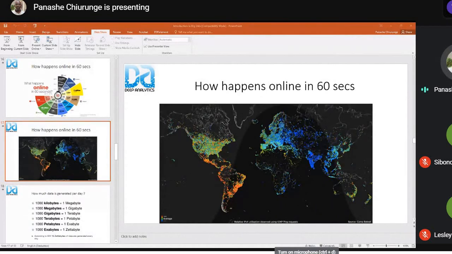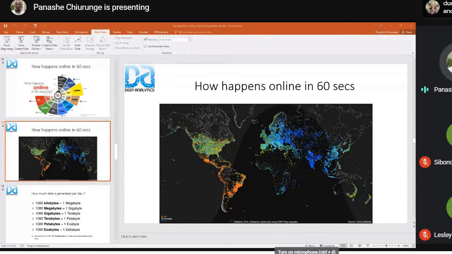Then Econet generates quite a significant amount of data. Then even CBZ Holdings generates quite a lot of data. So there's a direct relationship between the value of a company and the amount of data it generates, right? So that applies on a micro level and on a macro level.